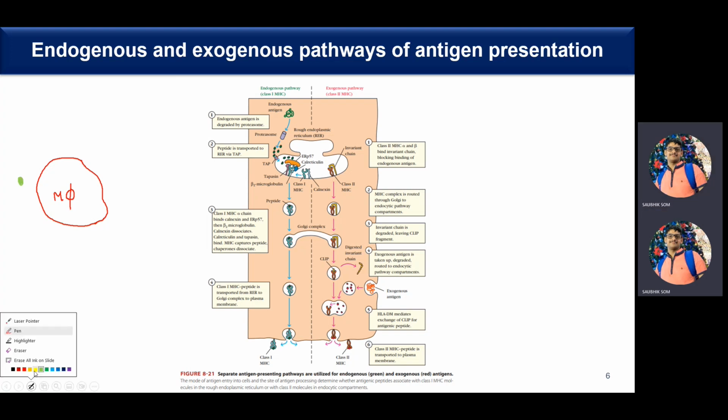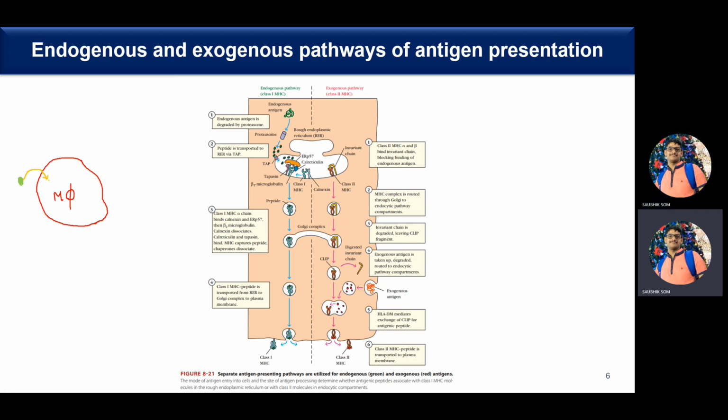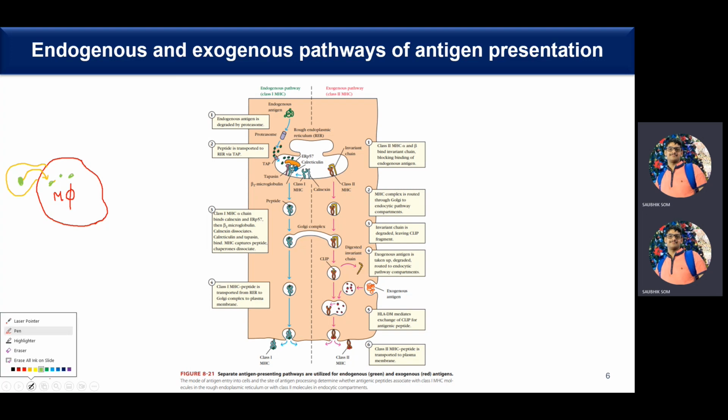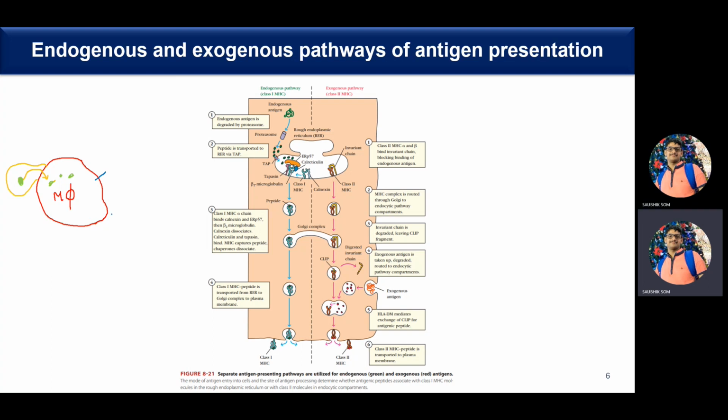When the bacteria enters the macrophage, it gets phagocytosed, then it comes inside, and through several processes, which I will discuss, this bacteria gets chopped off. Then those fragments are presented on the cell surface with the help of this MHC molecule. So as you can see, these are the MHC molecules.